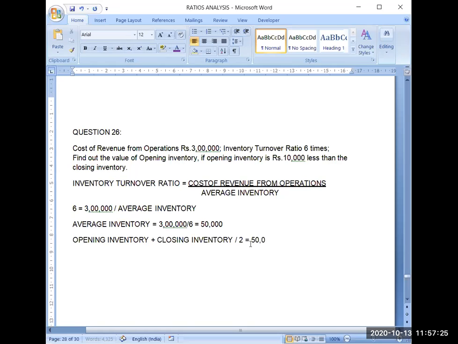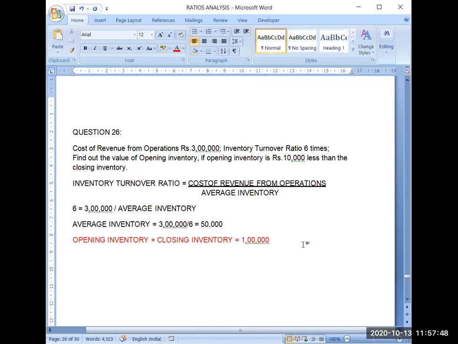So now what will happen, actually this 2 will go this side with the cross multiplication. So the equation will become: opening inventory plus closing inventory is equal to 1 lakh. This is the first equation which I have got with the help of the information given in the question.